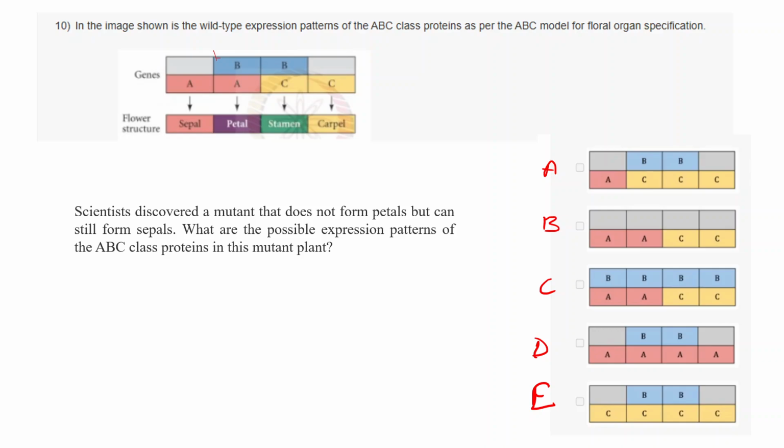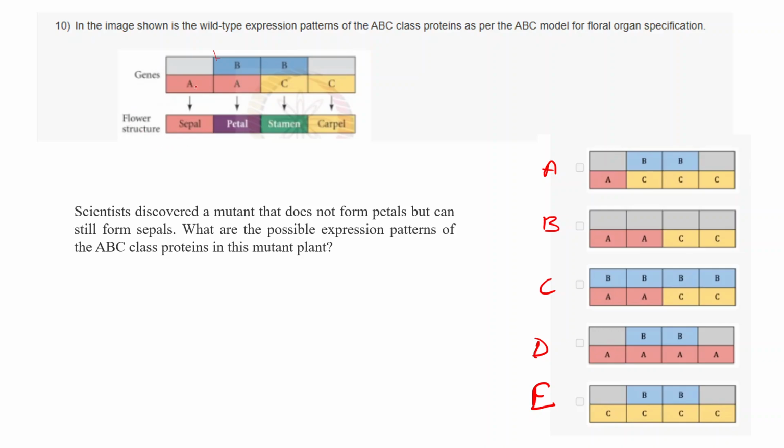Now, it is a very logical question. Even if you have no idea about the ABC model of plants, which anyways we are going to discuss, with your logical reasoning, you should be able to solve this question. It's a very easy and logical question.